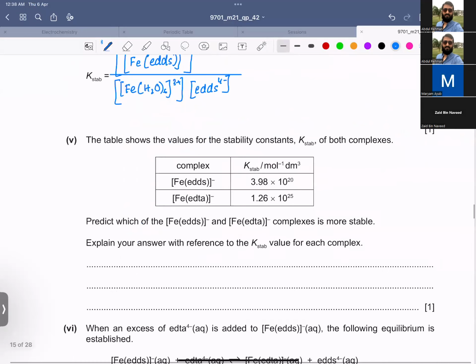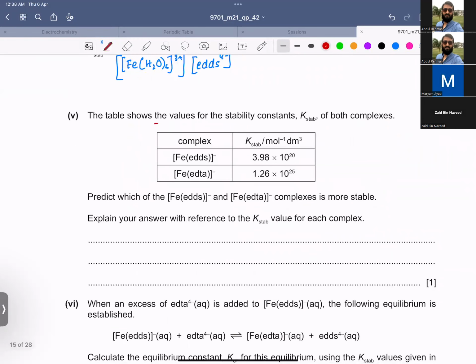Okay, now next part. The table shows the values for the stability constant of both the complexes. If you see over here, FeEDDS negative has 3.98 exponent minus 2, and FeEDTA has 1.26 exponent 20, oh sorry, exponent 25 and exponent 20. So it's a smaller value, right?